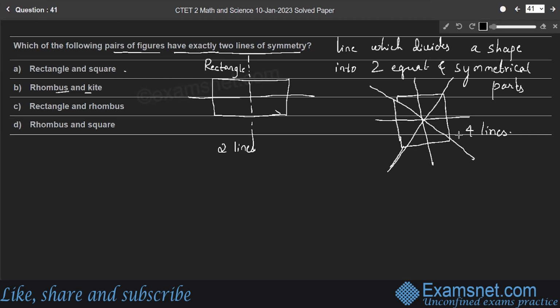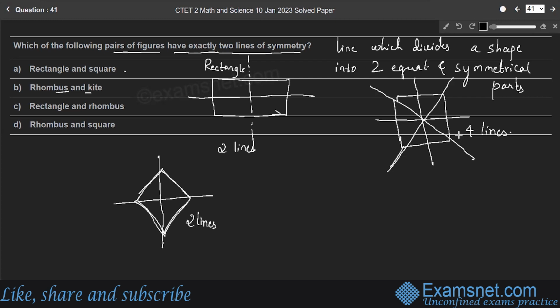Whereas in case of rhombus, we have one vertical line of symmetry which divides the rhombus into 2 identical and equal parts, and also a horizontal line. So rhombus has 2 lines of symmetry, right?